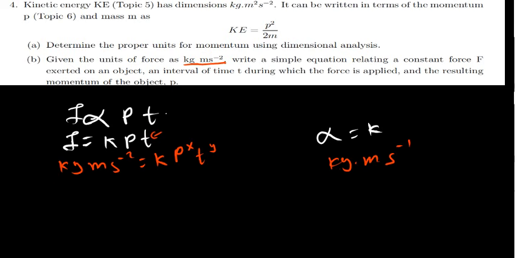So we are going to say that kg m s to the power -2 is going to give us K, then p to the power, that momentum we are going to put there, open brackets, everything raised to the power x.